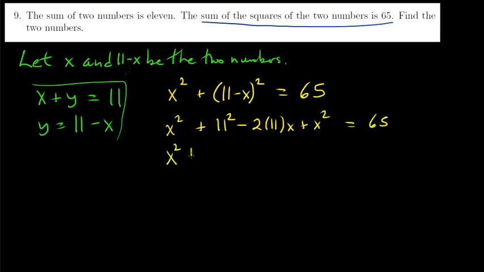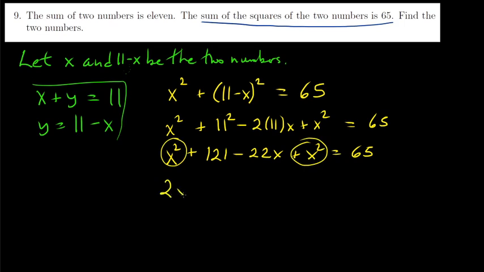All right, so 11 times 11 is 121 minus 22x plus x squared equals 65. Everyone okay so far? So we have x squared plus x squared, that's 2x squared. And then I'll put the negative 22x after that. And then the plus 121 equals 65.